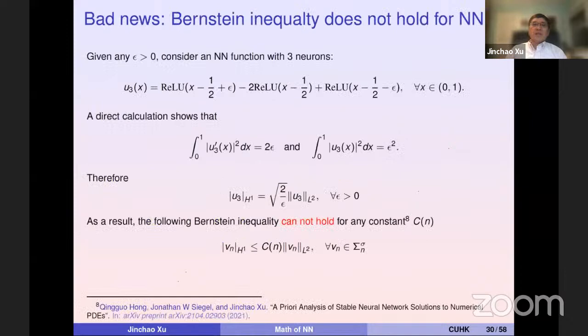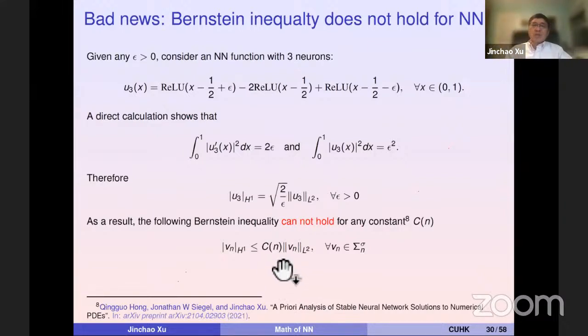But the bad news is that you make the assumption, but we prove that the Bernstein inequality cannot hold, and you can construct a counterexample. If you take the ReLU example, you can prove that this C of n cannot be bounded by a polynomial.